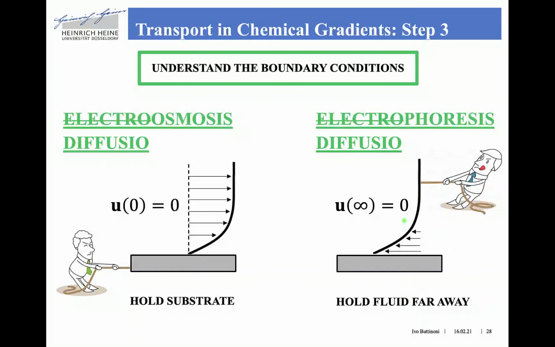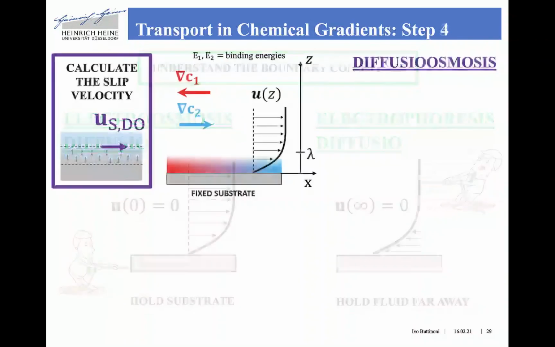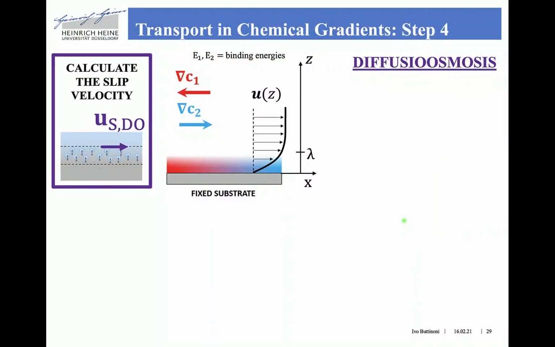Okay. As before, we begin with the case of diffusioosmosis and consider two neutral solutes, say 1 and 2, which have binding energies A1 and A2 with respect to the fixed substrate. So the concentration of 1 and 2 increases and decreases along the x direction as shown in the sketch here.